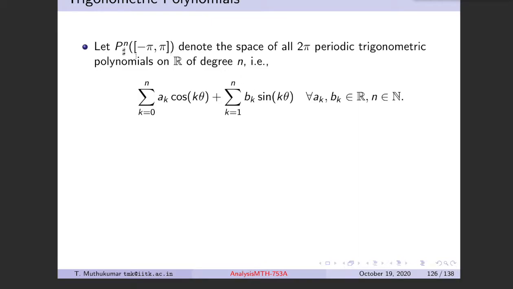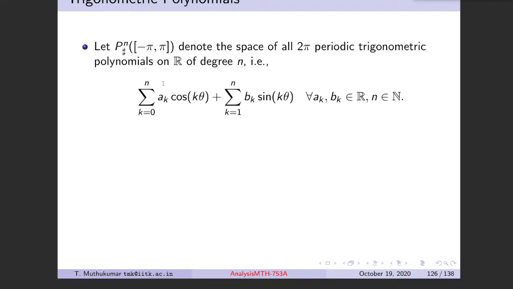In this notation, it basically means that the function is defined on the domain -π to π, and beyond that it's 2π periodic. So the value at -π is the same as the value at π here. And this n represents the degree, and this hash as a subscript represents the periodicity. So it's periodic functions of degree n defined on this.